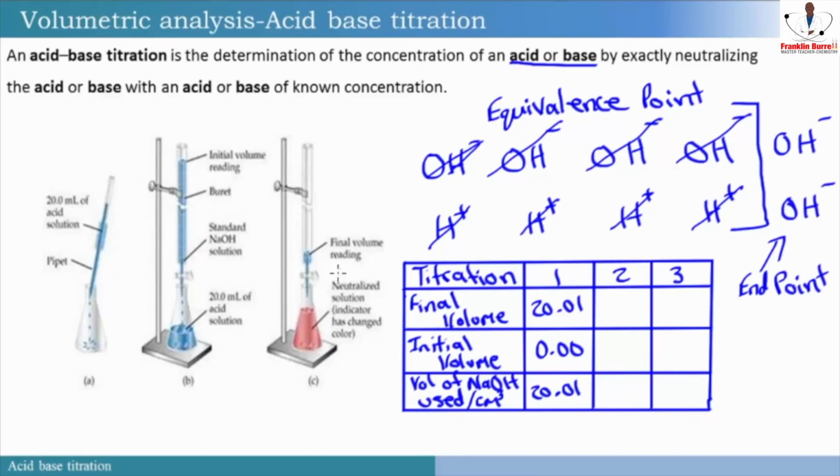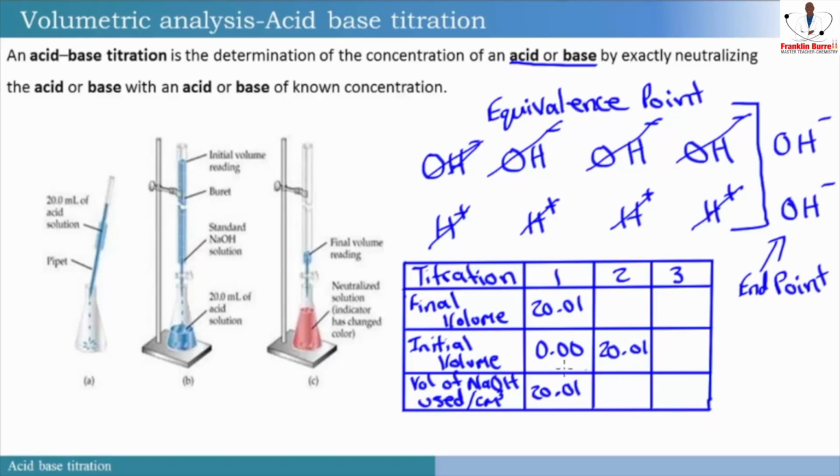So now that I reached 20 cm cube, I could continue running because the length of my burette is 50 cm cube. So if I run 20, I can run another 20 without finishing the solution from the burette. So our initial reading will now be 20.01.